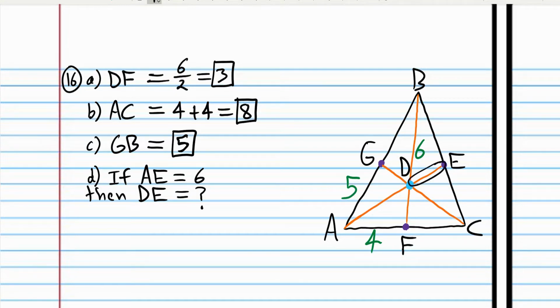Well, DE is 1/3 of the total median length. So we just have to find 1/3 of 6. So if you divide 6 into 3 parts, each part is 2. So that would mean DE is 2. It's just 6 divided by 3 equals 2. So if you got those answers, good job.